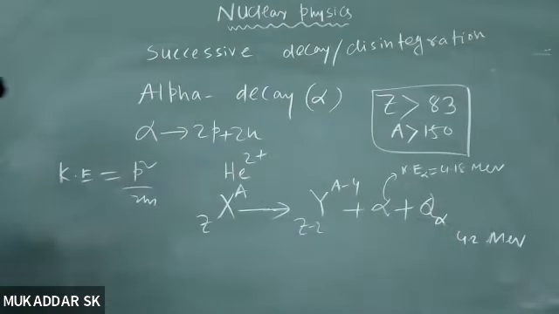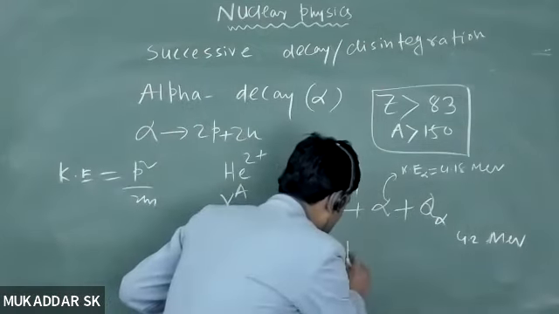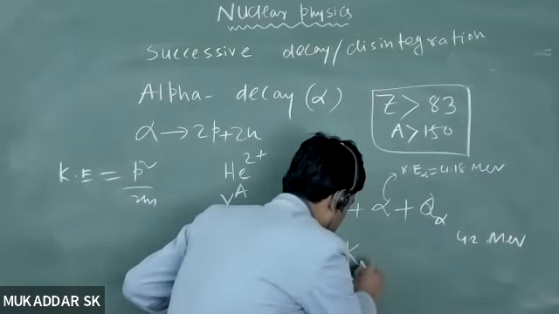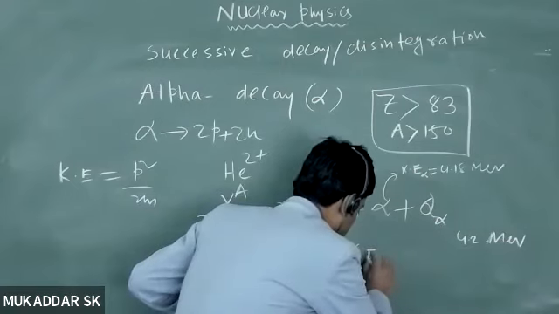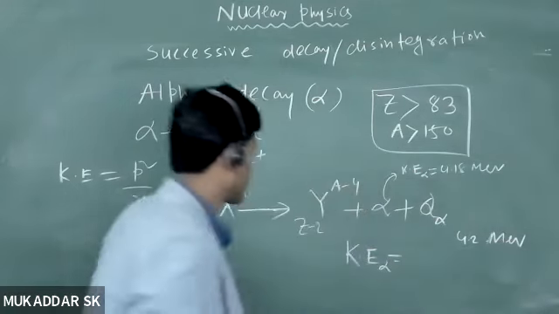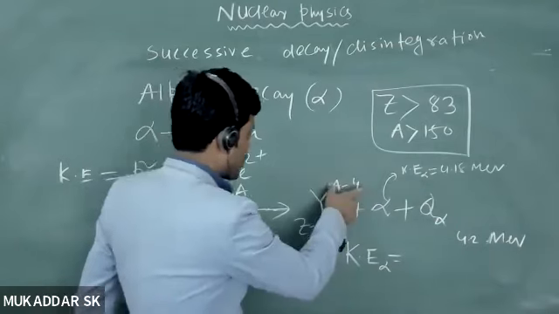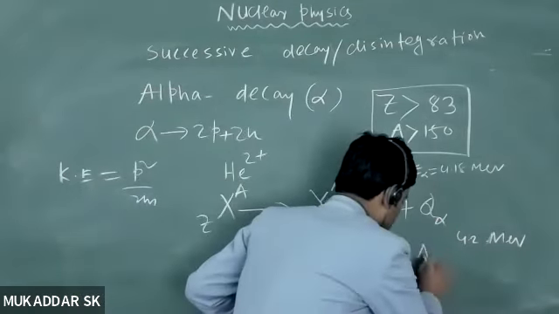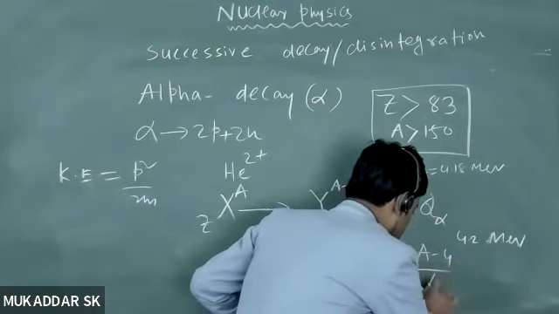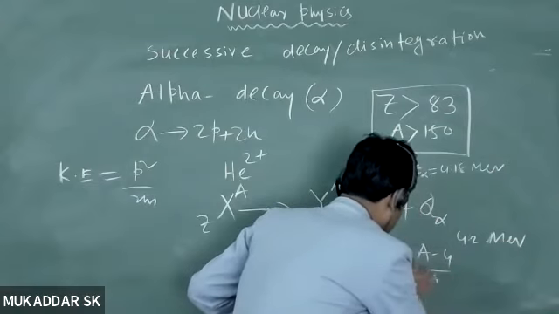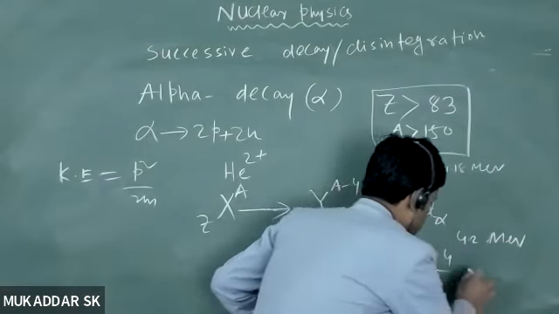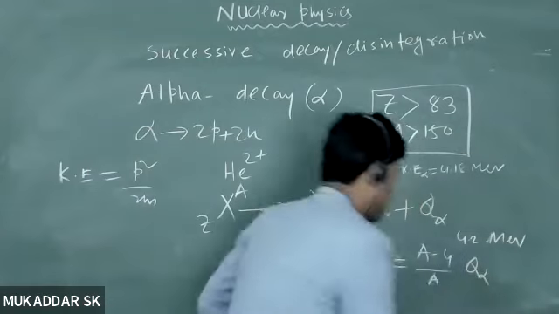But there's a relation. That relation is really important for all aspirants. That kinetic energy of alpha particle is nothing but the mass number of daughter nuclei divided by mass number of parent nuclei in alpha decay, times the Q value, Q alpha.